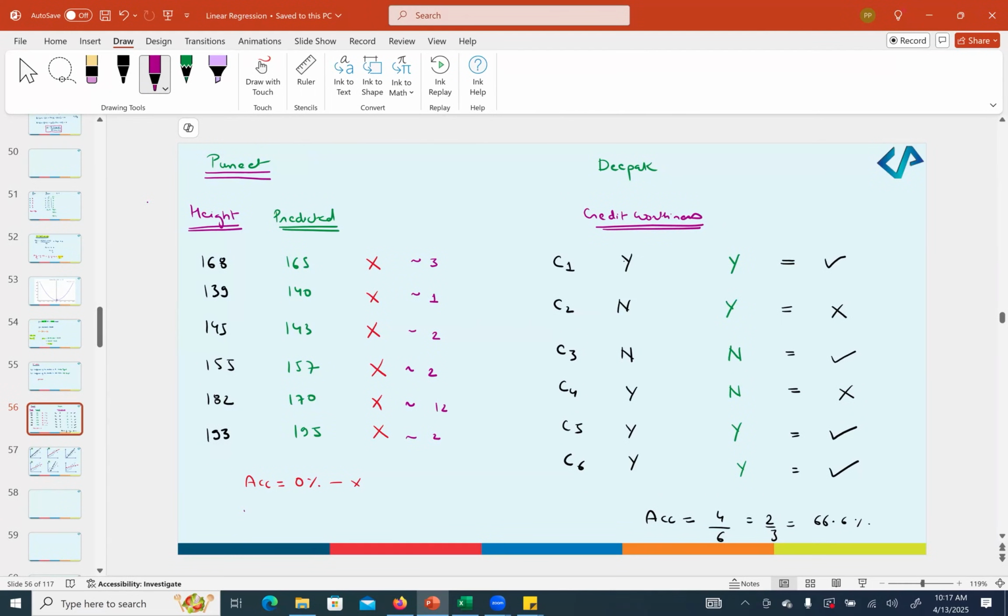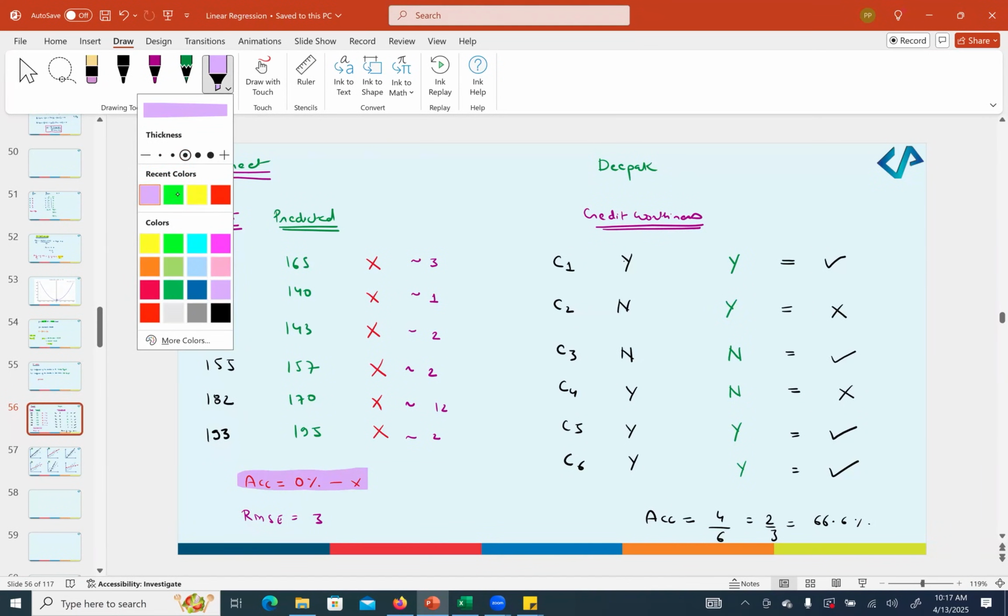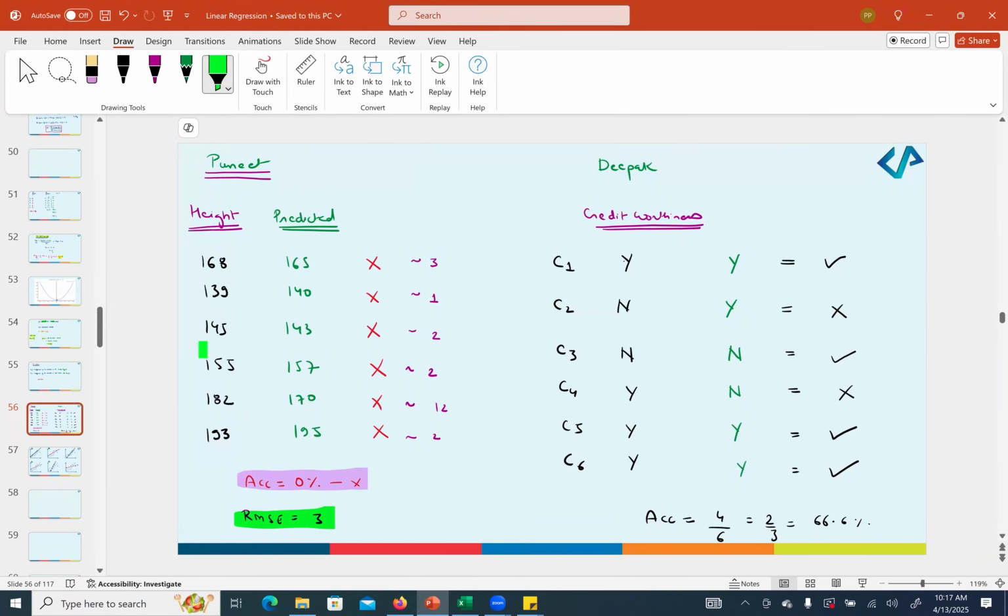And maybe you will calculate an RMSE value, which might come out to be 3. So I'm telling you, on average, there is an error of 3 in each prediction. So accuracy will not make much sense here. What we should be calculating is RMSE.